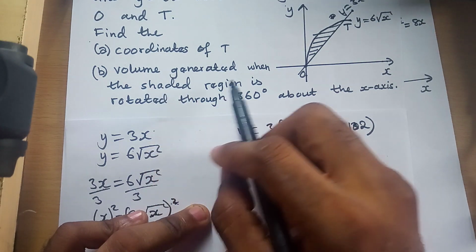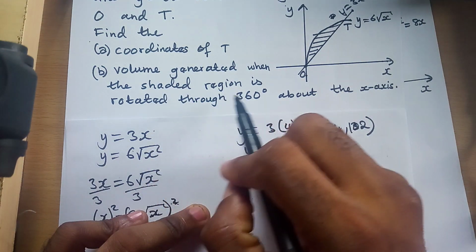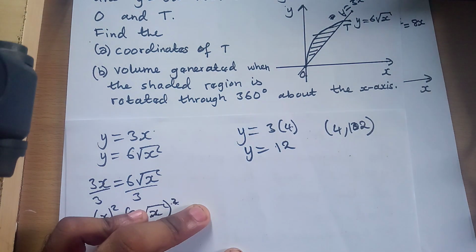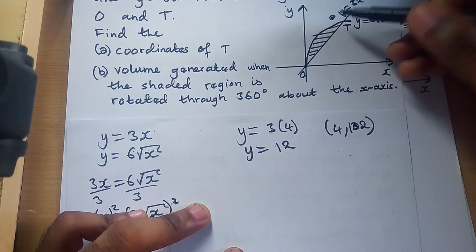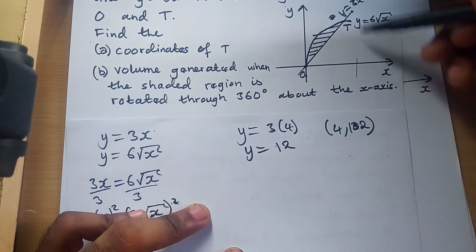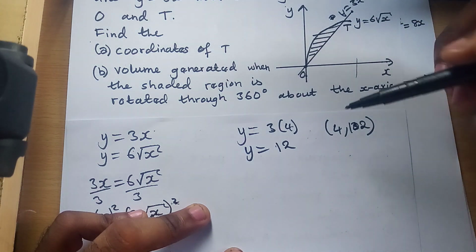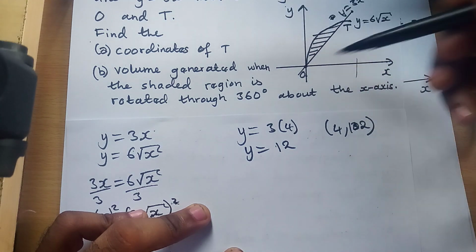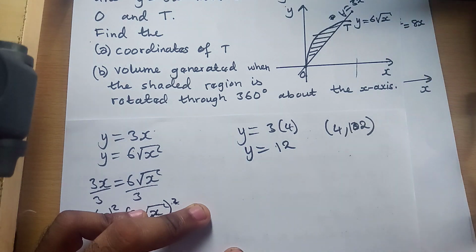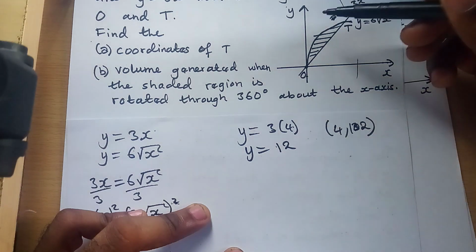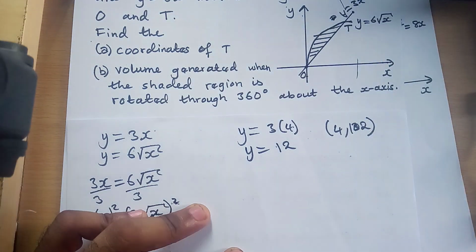And then find the volume generated when the shaded region is rotated through 360 degrees about the x-axis. So in this case, this has been rotated about the x-axis. So you integrate with respect to x and then you get the x coordinates. But if it was rotated about the y-axis, make sure that you integrate with respect to y and use the limits from the y-axis.